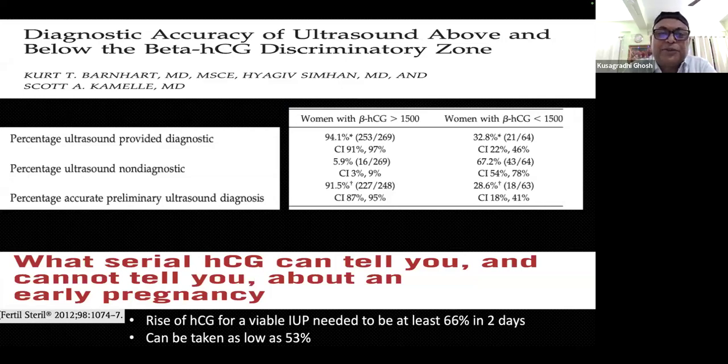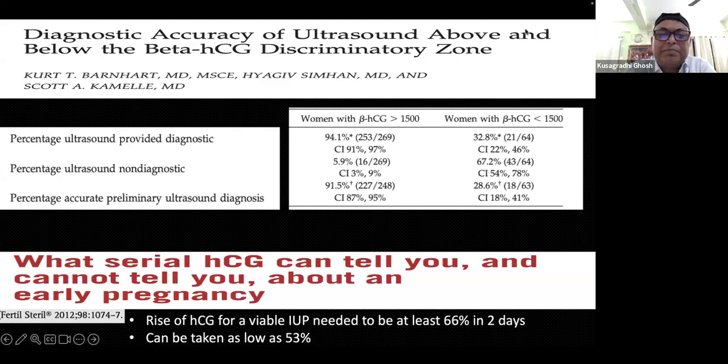But a zone really doesn't help. So he came to a 90%, 95%, I think, that at 6,500 you would be able to see a gestation sac. But that was by transabdominal ultrasound. Since then, because of the increase in the resolution of the machines and the switch over from transabdominal to transvaginal, the discriminatory threshold has steadily reduced.